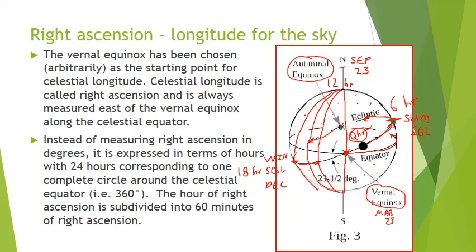It is 12 hours around eastward from the vernal equinox. And then finally at the winter solstice, it's got a declination of around negative 23.5. Remember, it's south of the celestial equator at that point, so we give it a negative value, negative 23.5 declination, and it's got a right ascension of 18 hours.